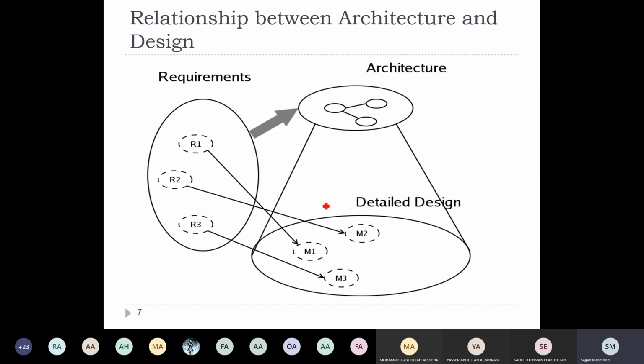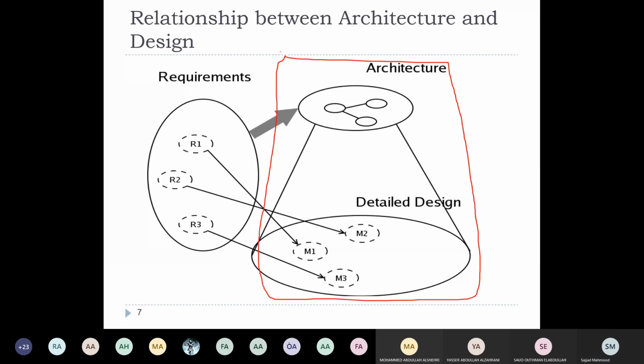You have requirements and you have architecture and detailed design, right? So this together is your design, okay?